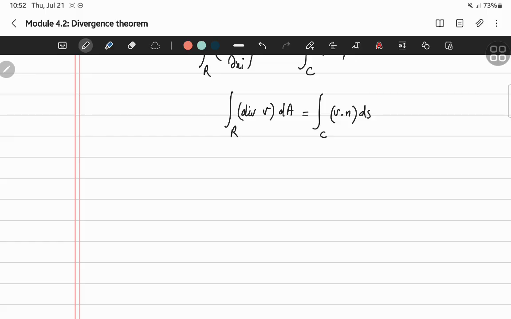So we can simply write the integral of the divergence of V dV over V, where V here is volume, is equal to the integral of V dot n dS, and this is capital S. I'm going to write it like this to distinguish it from the small s. So we have this over S.